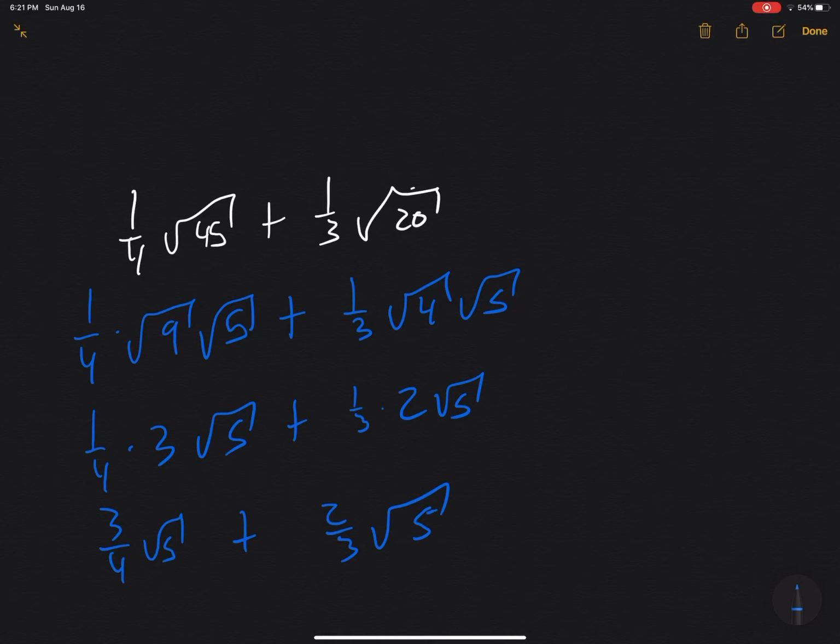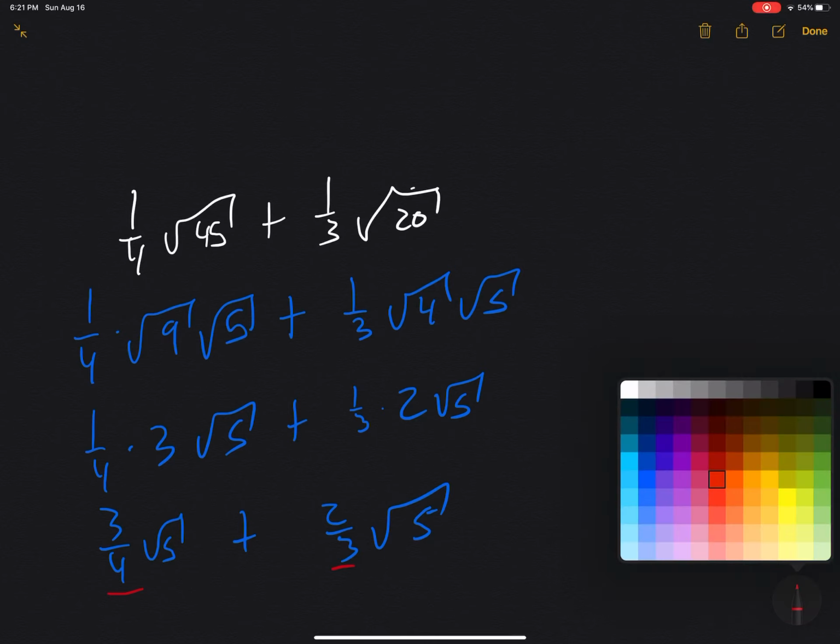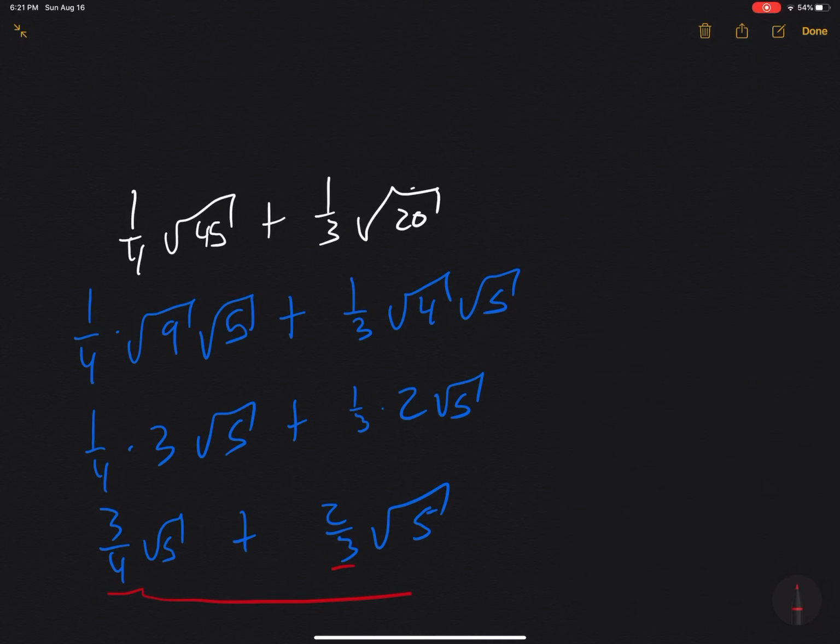And now we just find common denominators and add them together like we would any other time. 4 and 3 have a common denominator of 12. So this term here, 3/4 root 5, we multiply the 4 by 3 to get up to 12, so 3 times 3 is 9.